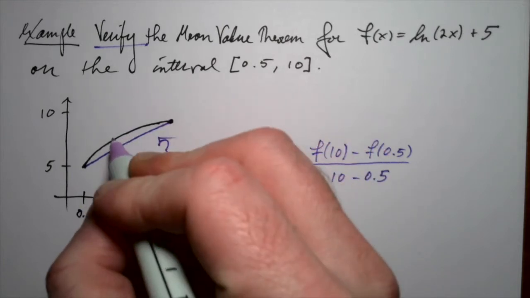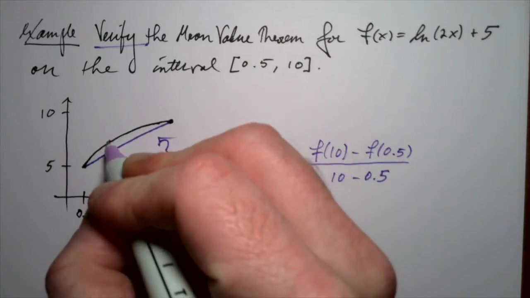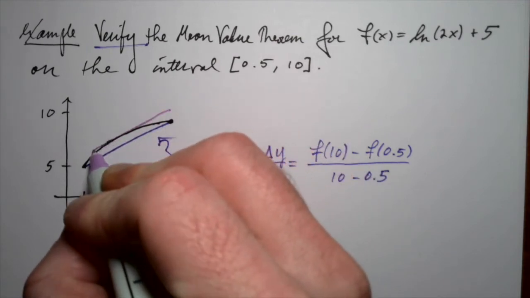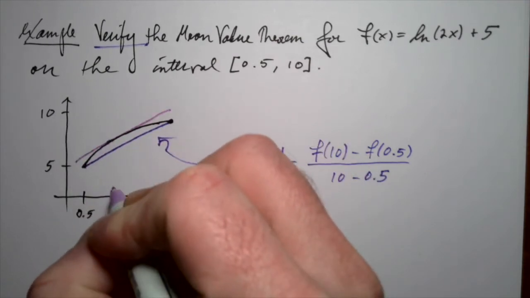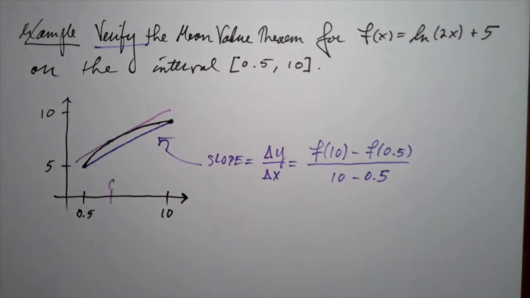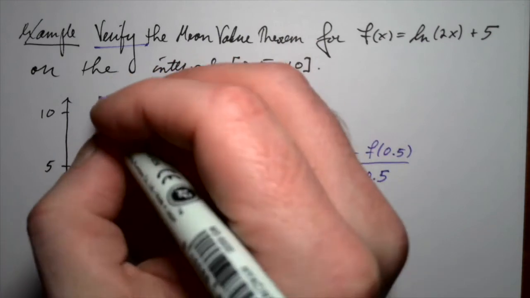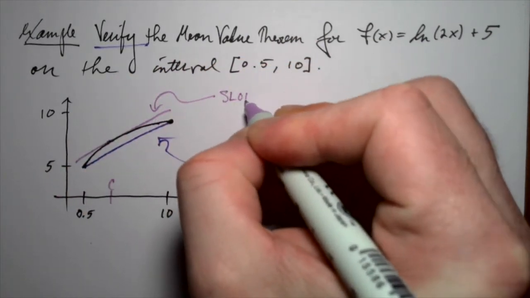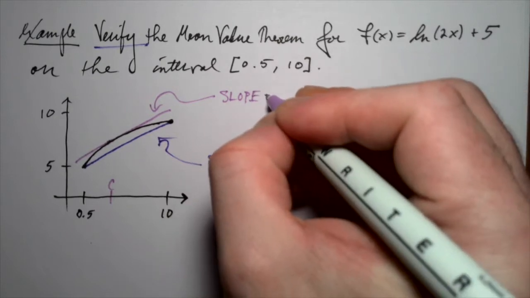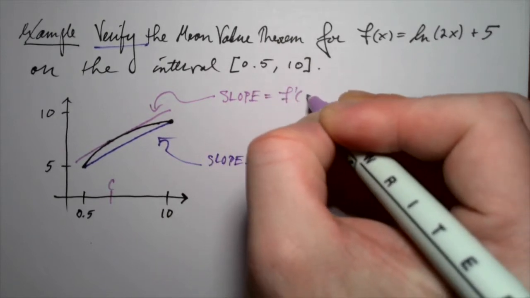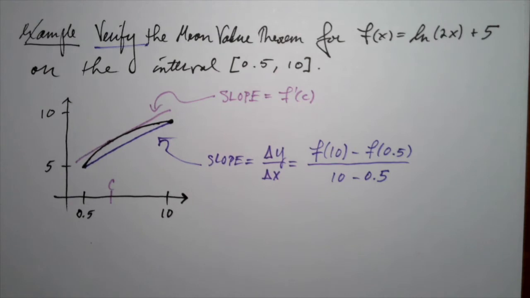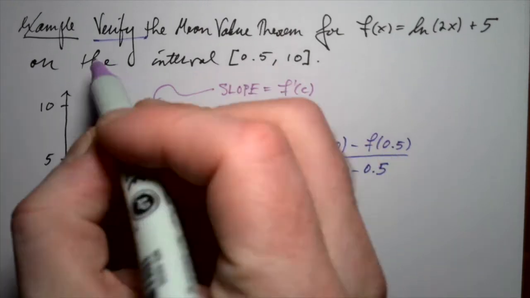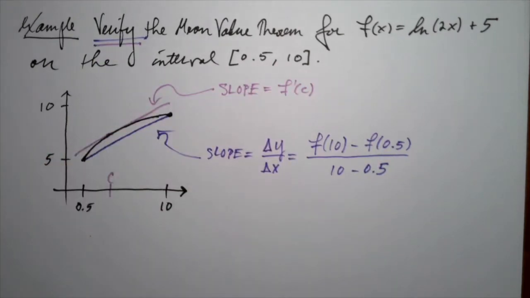And just based on the picture here, it looks like it'll be right around there. So that's going to be the c value. We expect that that c value is somewhere a little bit closer to 0.5 than to 10. So the slope of that other line is going to be the same, and that's going to be the derivative of c. What are we trying to do when we're trying to verify the mean value theorem?